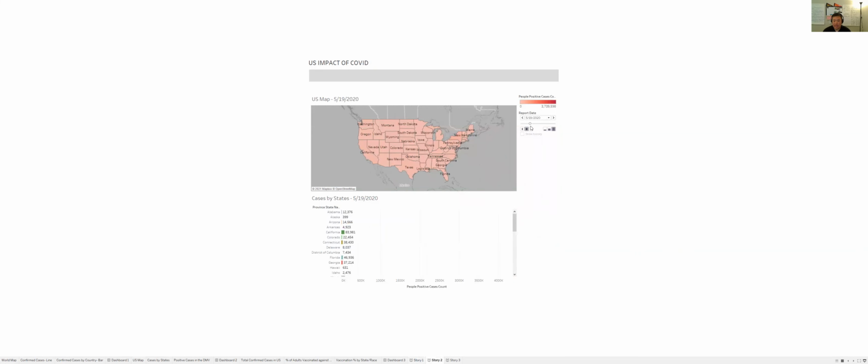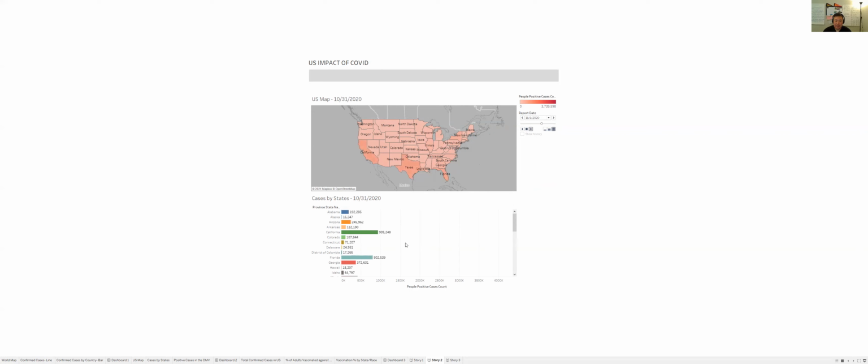For my next dashboard or story, I took a look at the US impacts of COVID. You could see here in the choropleth map of the different states, as each state has a higher number of cases, you get to see the darker shade of red starting to highlight here.